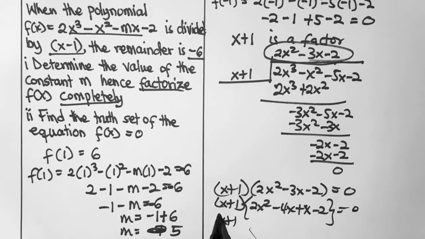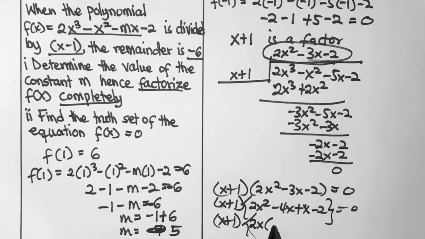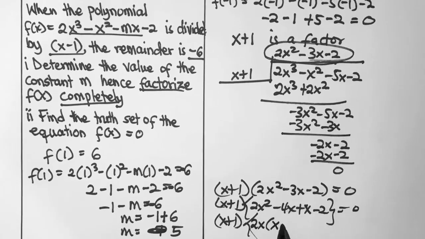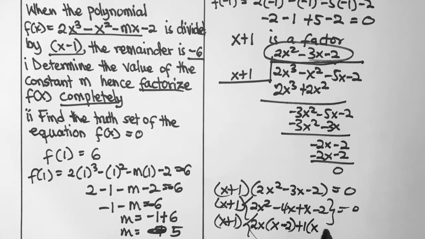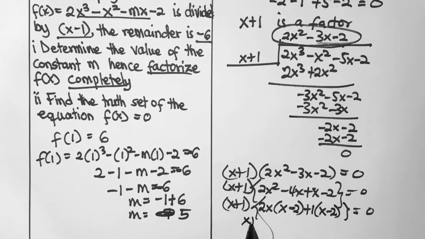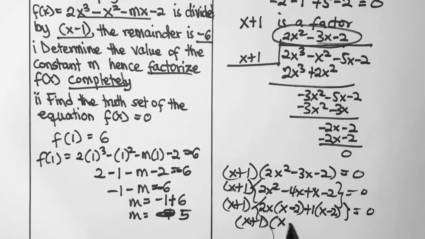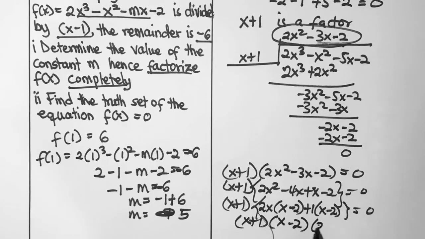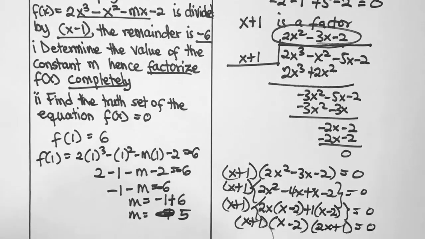So x plus 1, then times, let's factorize 2x from here. We are left with x minus 2. Then let's factorize 1 from here. We are left with x minus 2 equals 0. So we have x plus 1 in one bracket, then times x minus 2 in another bracket, then times 2x plus 1 in another bracket, all of that equals 0.